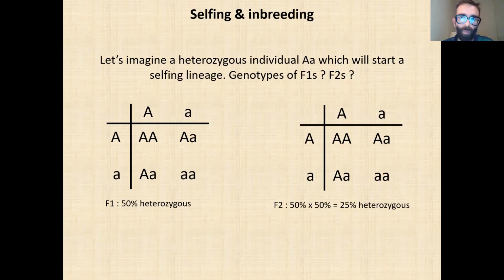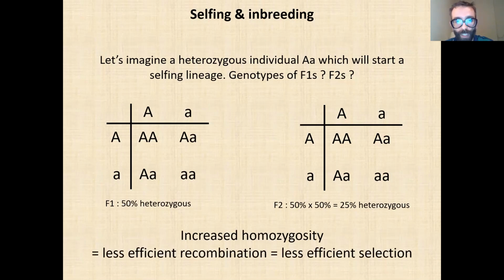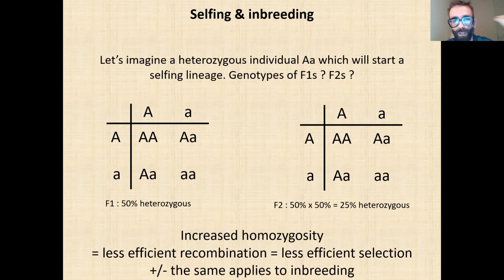And we're going to end up after very few generations with a purely homozygote population if we are purely selfing. So homozygosity increases across time, and guess what? As we discussed, that means that we're going to have less efficient recombination and less efficient selection in selfing populations, and the same applies to populations that are experiencing high inbreeding, because high inbreeding leads exactly to the same situation with increased homozygosity.